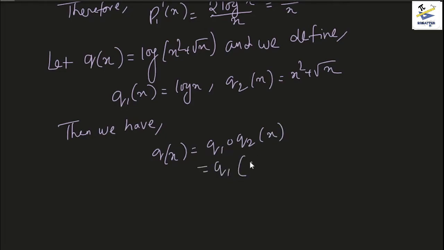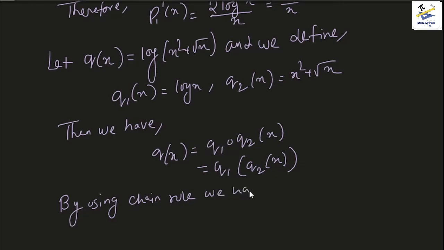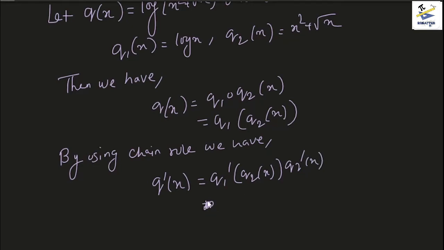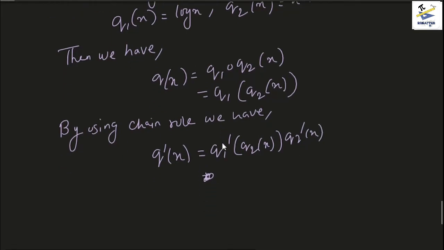So this would mean it is basically equal to q1 of q2 x, and by using chain rule we have q prime x equals q1 prime of q2 x equals, and let us do this later, because we first need to find out the derivative for q1 and q2.